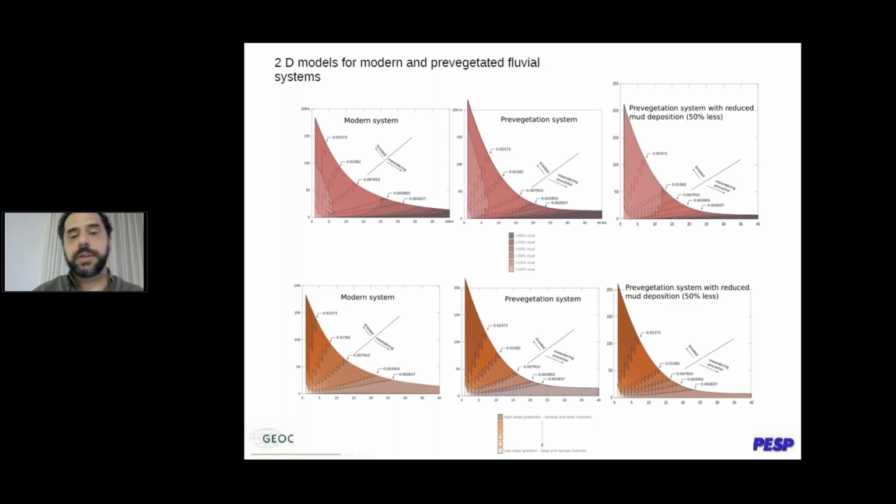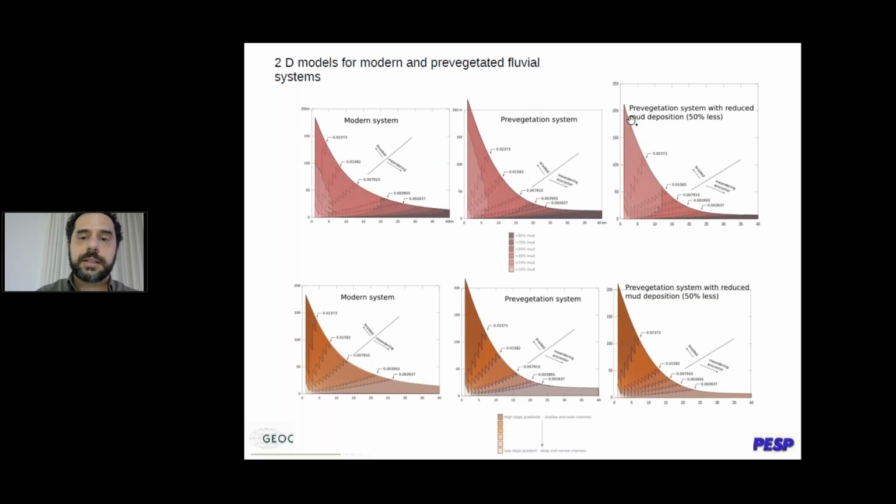Most of the ideas were initially put to test using simple 2D models of sedimentary transport dependent on the long profile slope variation. That's work that has been published in Geology this year.